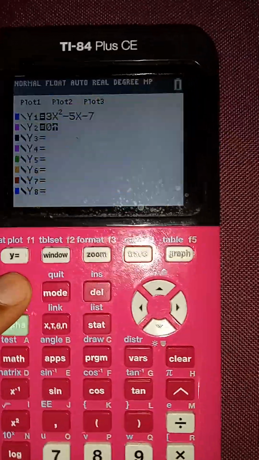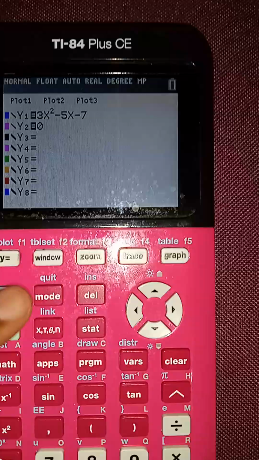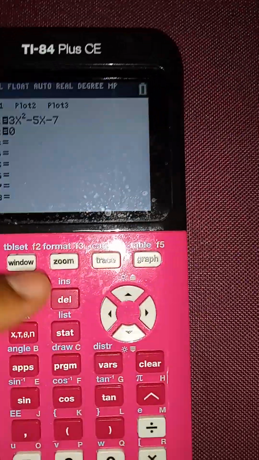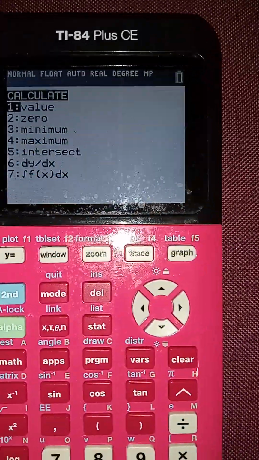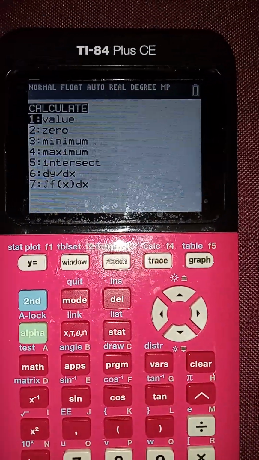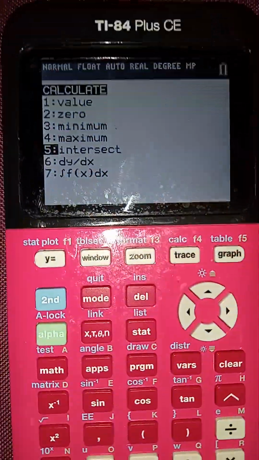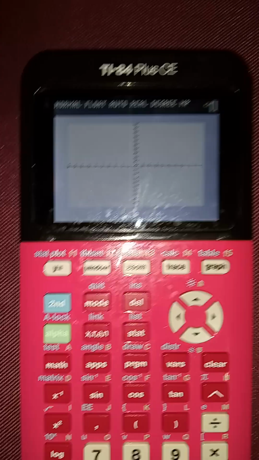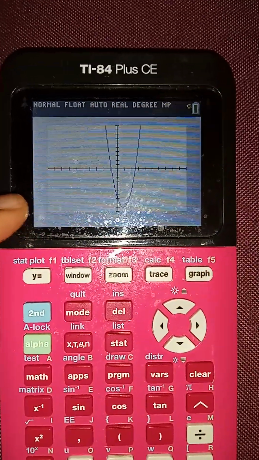Then we tap the second button as we did before. So hit second and then trace. And then scroll down to the intersection, so option 5. Let it graph first.